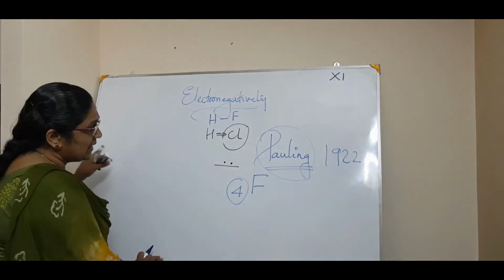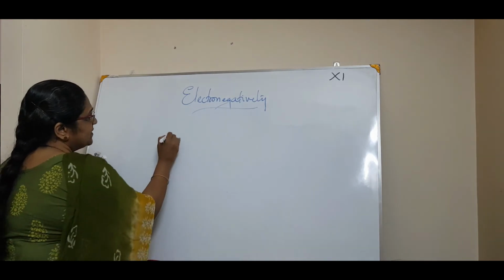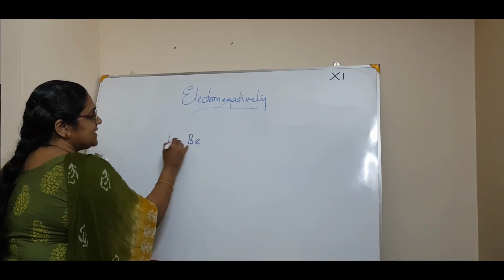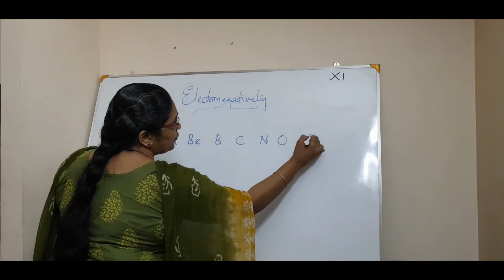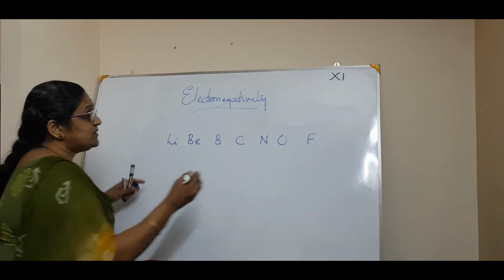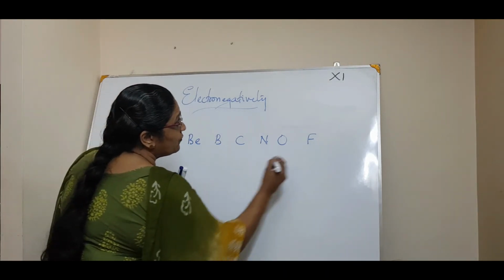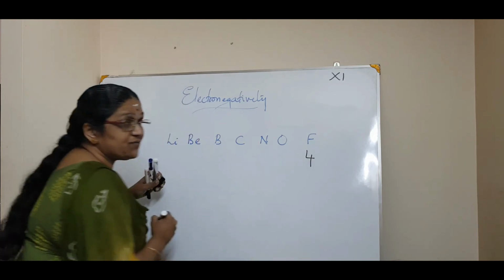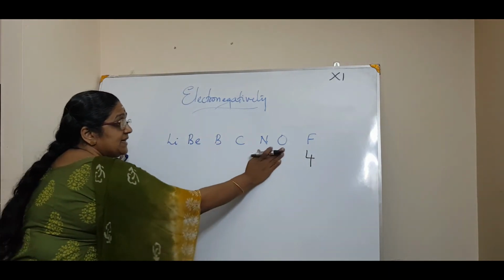I will give you a small detailed discussion on this. Take the second period: lithium, beryllium, boron, carbon, nitrogen, oxygen and fluorine. In the Linus Pauling scale, he arbitrarily chose the electronegativity value of fluorine as 4. Now it is very easy to derive the values.